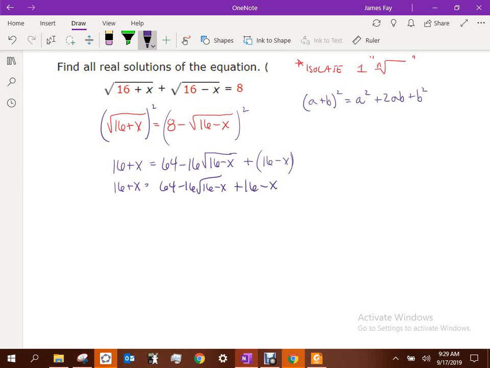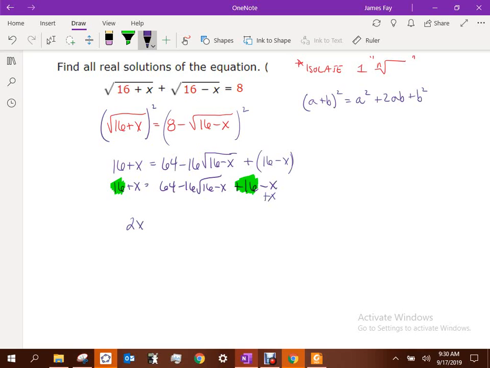Now there's several things that people want to do here. I don't want to just blindly approach this and start merging like terms together, because I recognize that is positive 16 and that is positive 16. What are they going to do to one another? They're going to cancel. So I didn't want to merge that 16 with the 64. If I add x to both sides, I get 2x, right?